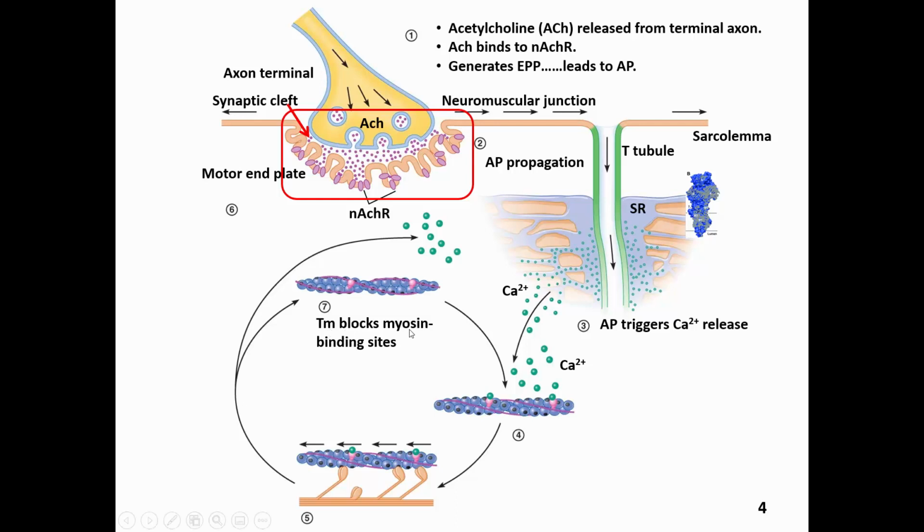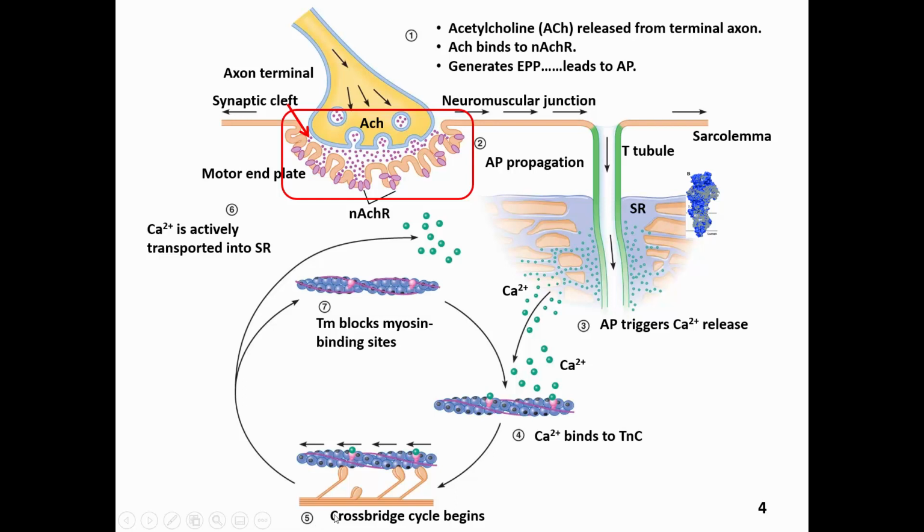But calcium will bind to another protein called troponin C. By binding to troponin C, it will change the shape of it and move tropomyosin out of the way so that the myosin molecule can now bind to these actin binding sites, and each of these small circles, spheres, represents a single actin molecule. And that is the cause of force production.